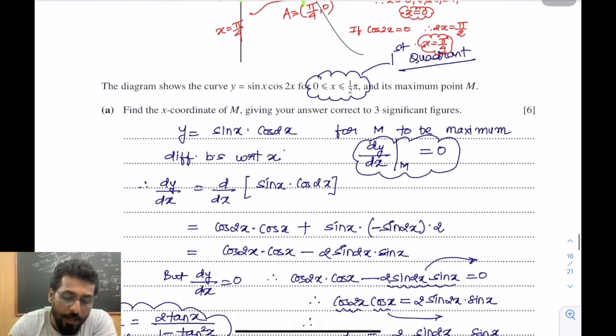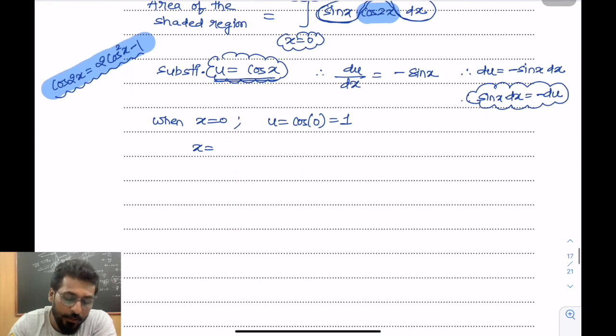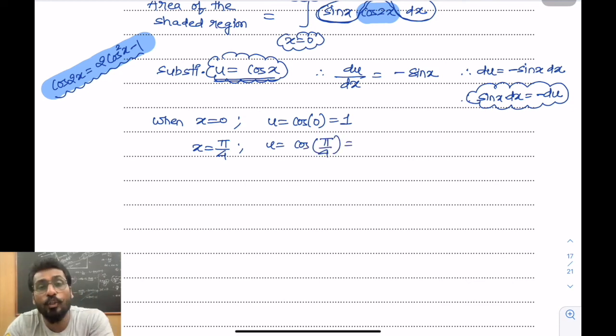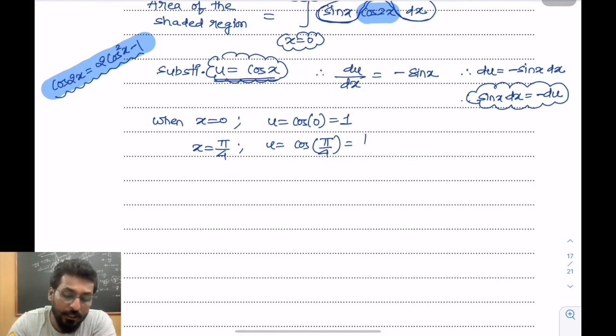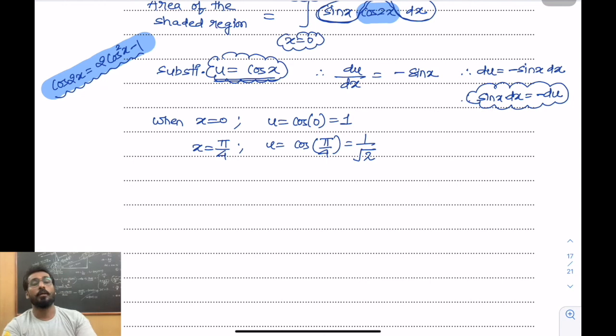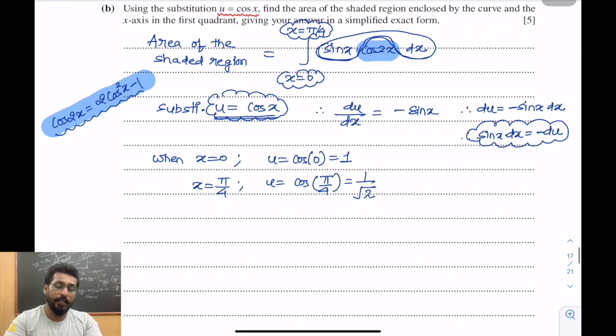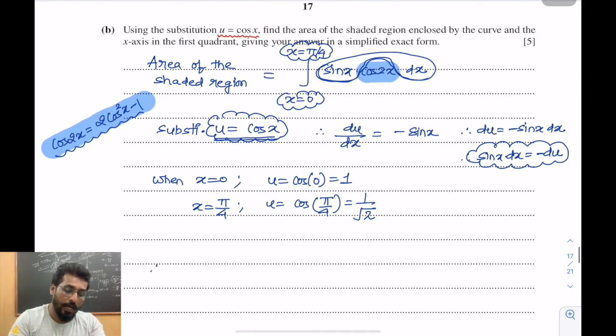So when x is pi by 4, u is going to be cos of pi by 4. You all know that cos of 45 degrees, pi by 4 is 45 degrees, is 1 upon root 2, right? u is 1 upon root 2. So my limits are going to be what? So I write area of the shaded region.